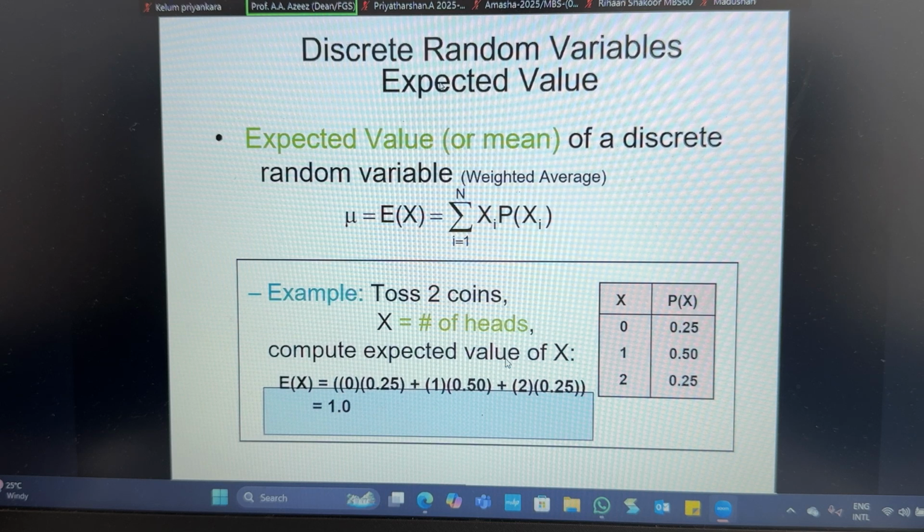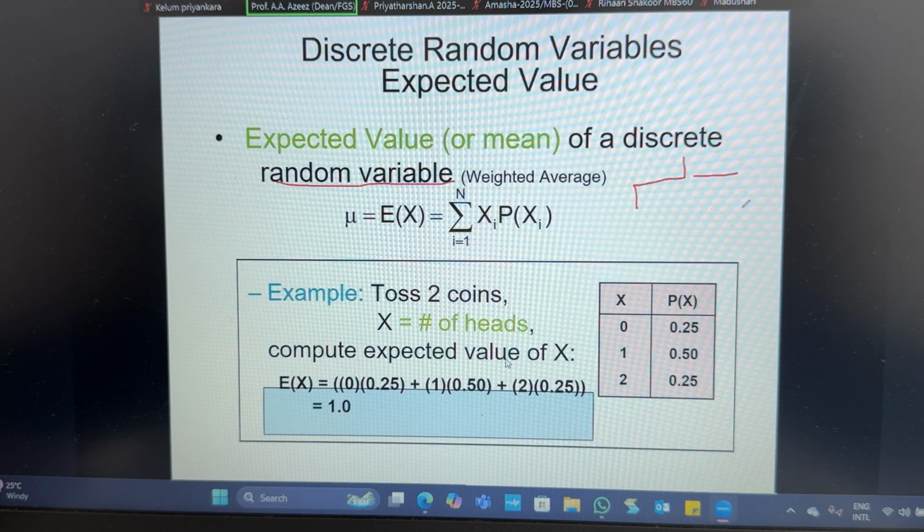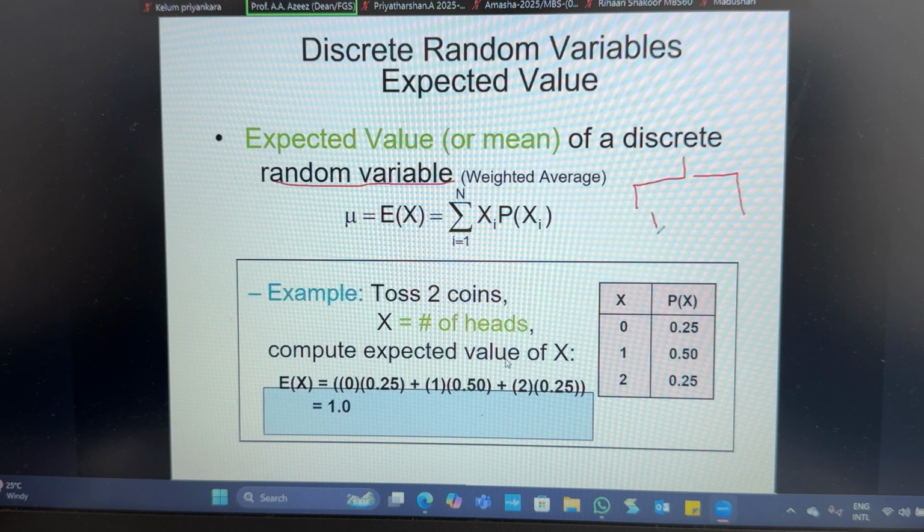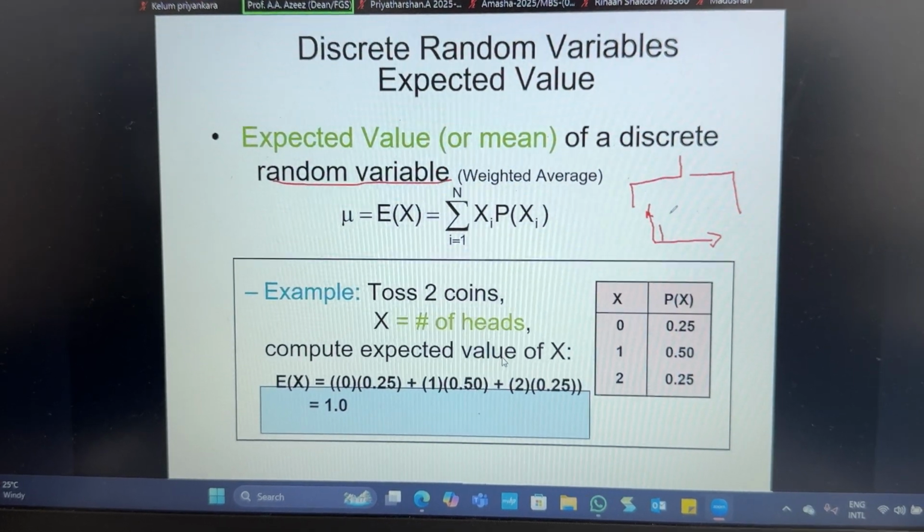Now here is the formula for the expected value or mean of a discrete random variable. Random variables can be divided into two: discrete and continuous. As I told you last week, a discrete random variable takes integer values, only certain numbers like 1, 2, or 3.